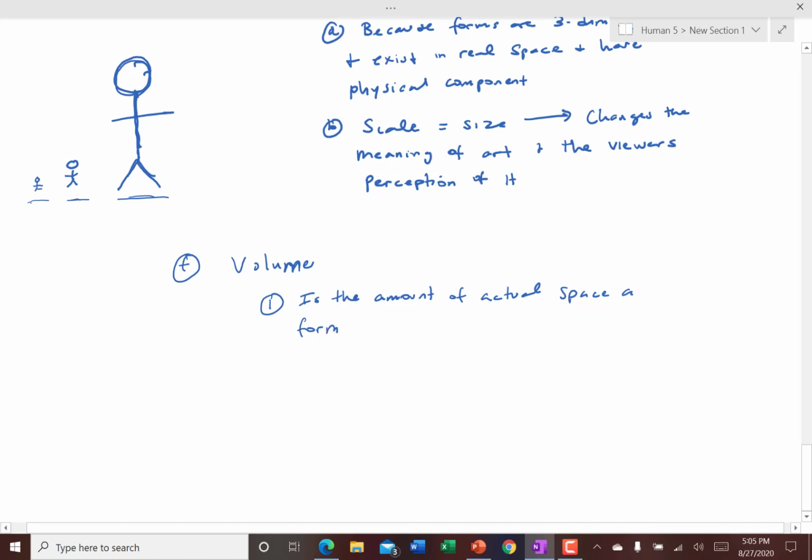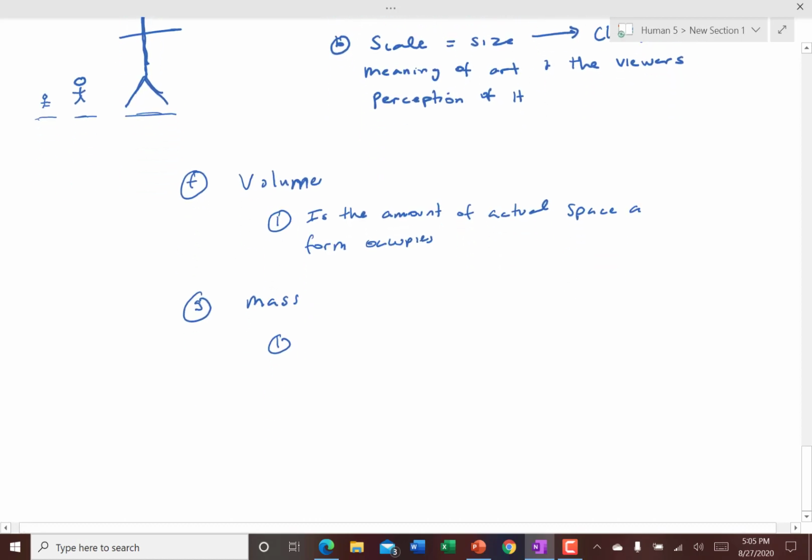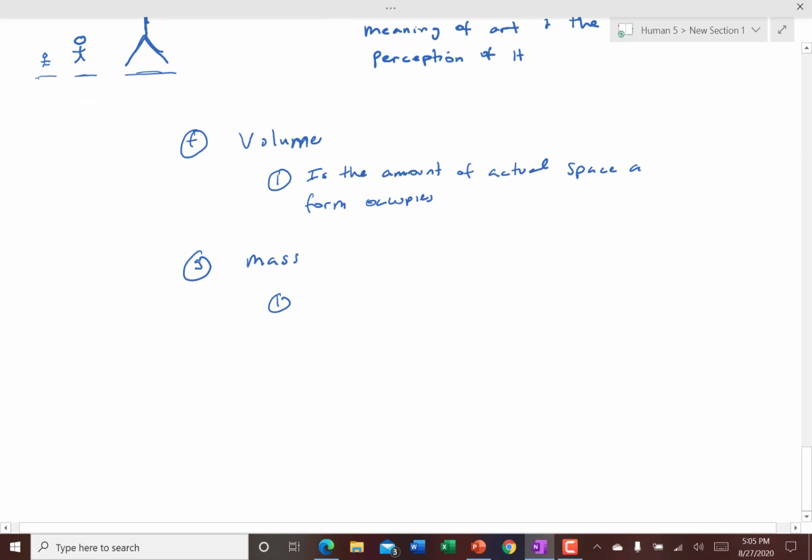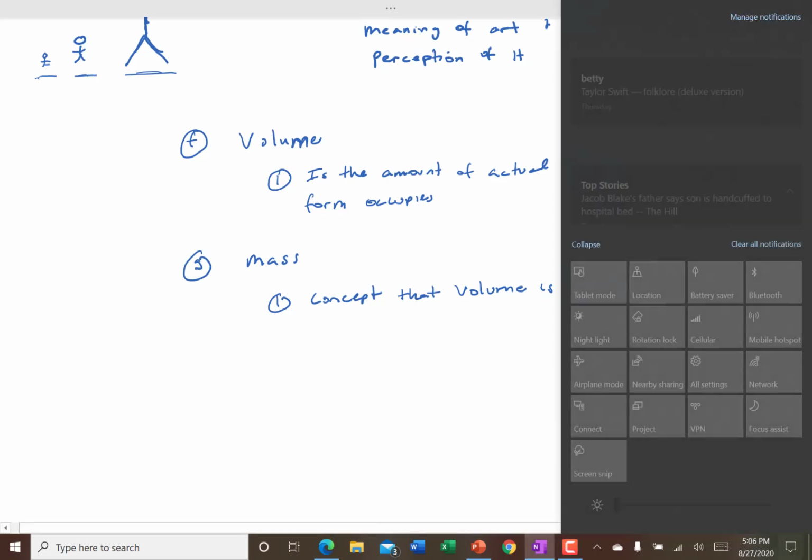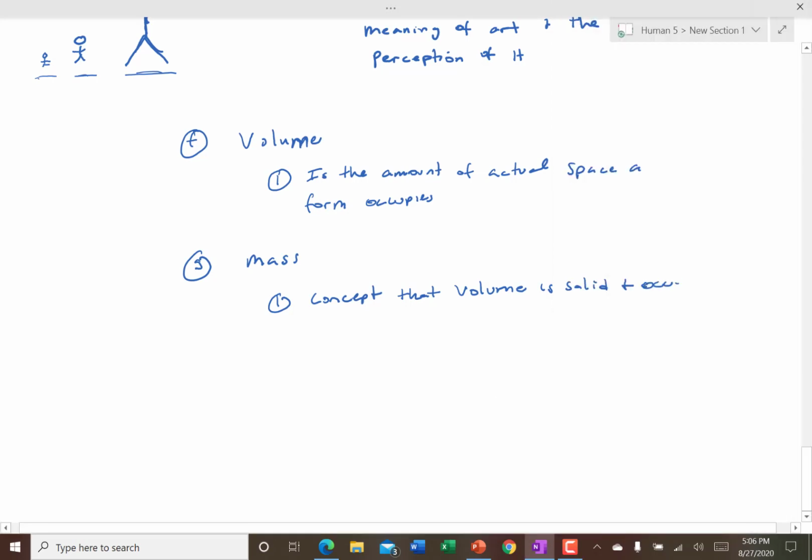And then mass basically describes the concept that volume is solid and occupies space. Okay, so the amount of actual space is the volume.